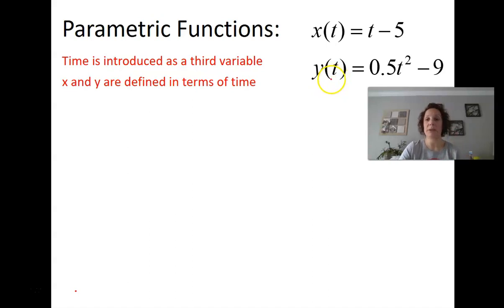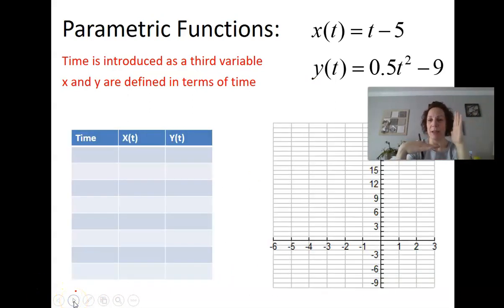So when we plot points for parametrics, we start with a time, and from the time we get our x and y coordinate, and we plot that point. What's interesting about parametrics is that the t-value, the time, doesn't show up in the graph. We're still graphing on an xy plane. Let me show you what I mean by that.